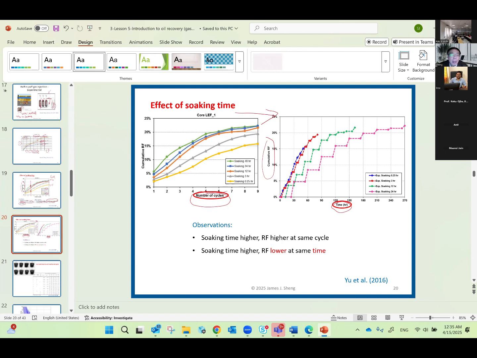Now, what do you see at the same operation time, for example, 30 hours?